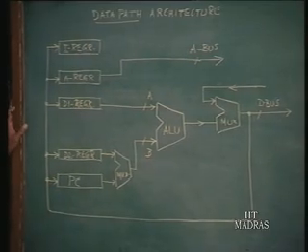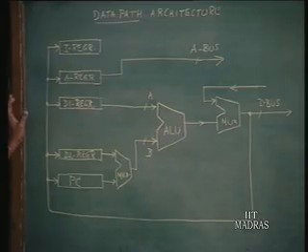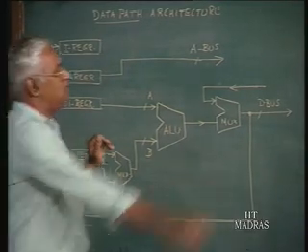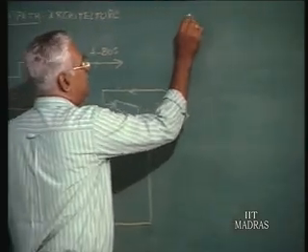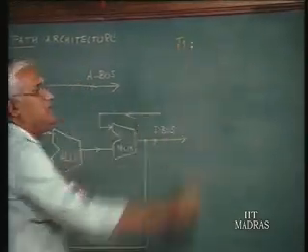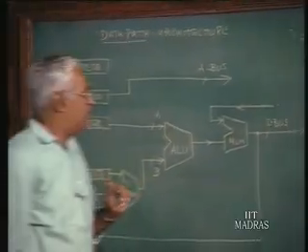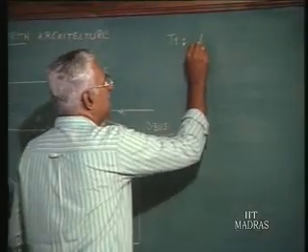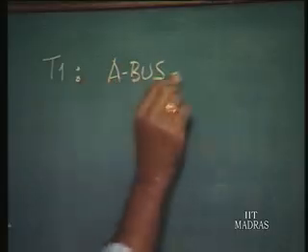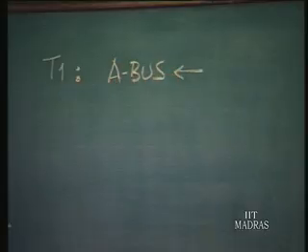Now, for instance, when the CPU places the address, shall we go back to that state information. In T1, we are saying the CPU places the address on the bus, in other words, onto the A bus, the address part of the bus.